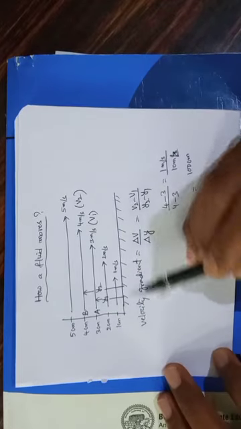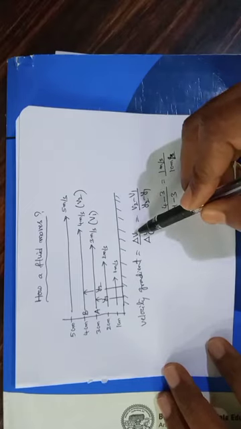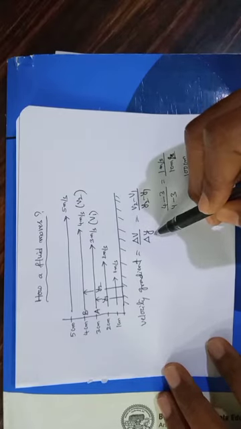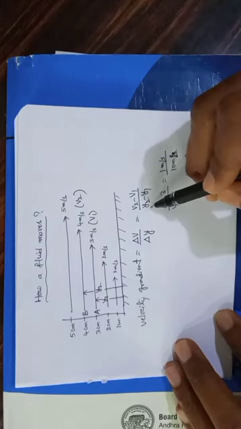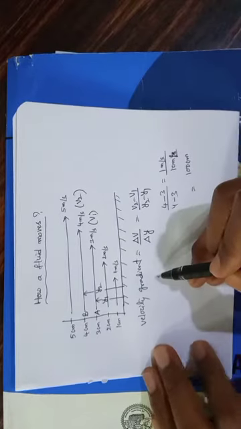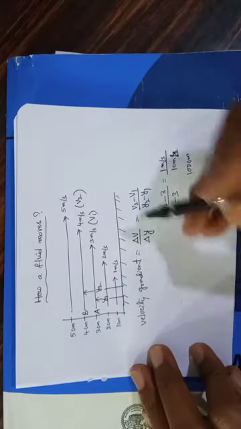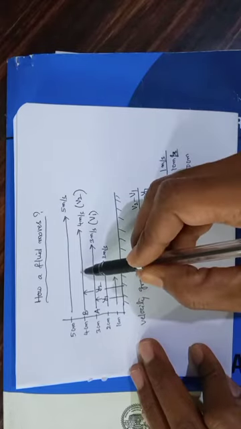Now how is velocity gradient defined? Change in velocity with height, that is (v2 minus v1) by (y2 minus y1). Let us choose two layers side by side. Suppose this is A layer, and this is B layer.